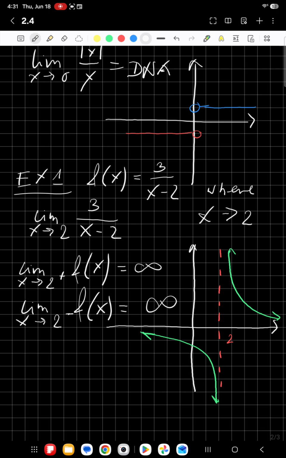Sometimes we would write the limit of some function when x approaches 2 equals infinity, but that doesn't mean the limit exists, it just means the end behavior is infinity. So let's just write limit does not exist.